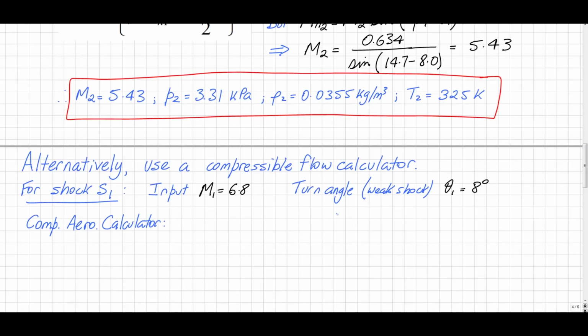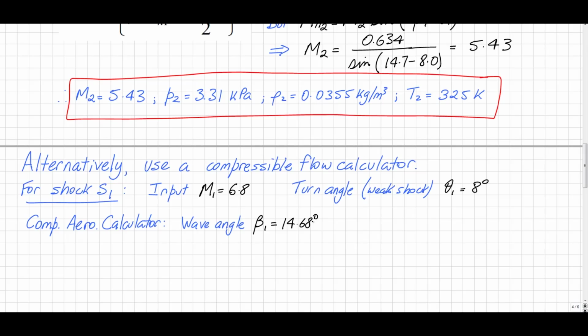So let's just look at some results from that. The compressible aerodynamic calculator gave us that the wave angle, which we're calling beta 1, is equal to 14.68 degrees, and we'd read off 14.7 degrees from the chart.